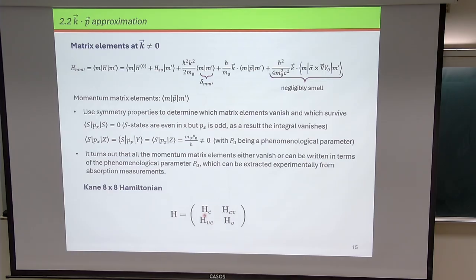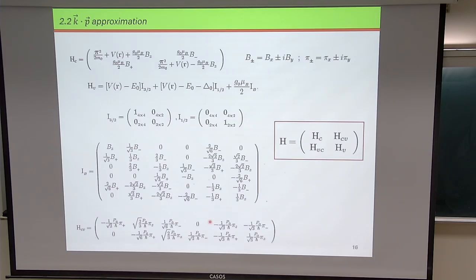We have here a matrix which is 2 by 2 because we have two states in the conduction band. This HV is a matrix which is 6 by 6 because we have 6 states in the valence band. And then we have these 2 by 6 and 6 by 2 blocks, which are the coupling between the conduction and valence band.